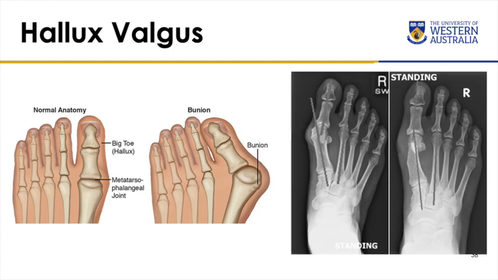It can be treated non-operatively or operatively, depending on the degree of deformity and the symptoms. On the right, you see X-ray pre and post-surgery. Surgery is aimed at correcting the deformity by various described osteotomies.